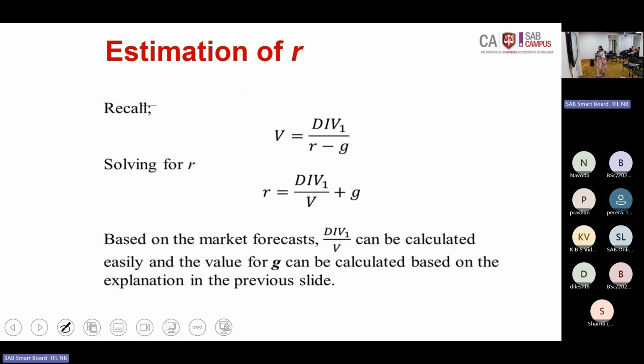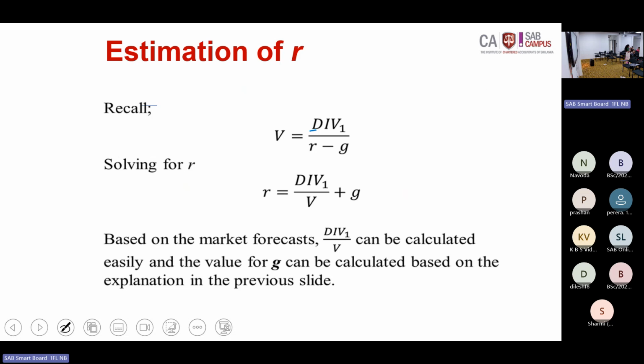Based on the constant dividend growth rate model, if we isolate R, the required rate of return, R equals DIV1 divided by the value per share plus the growth rate of that dividend. What do you mean by DIV1?